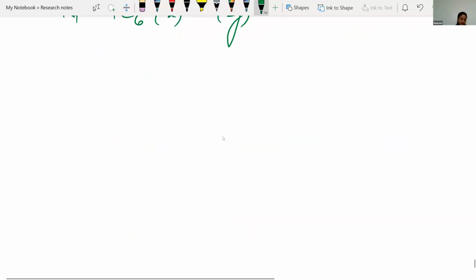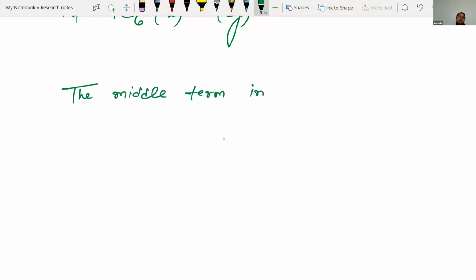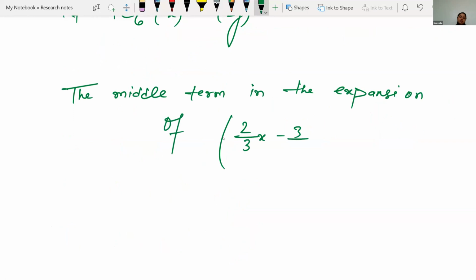Now it says, the middle term in the expansion of (2 by 3x minus 3 by 2x) to the power 20. Here the power is odd or even? Even. Even, then the middle term will be T of n by 2 plus 1, right?